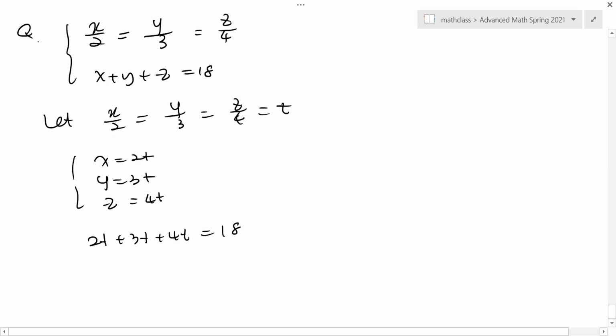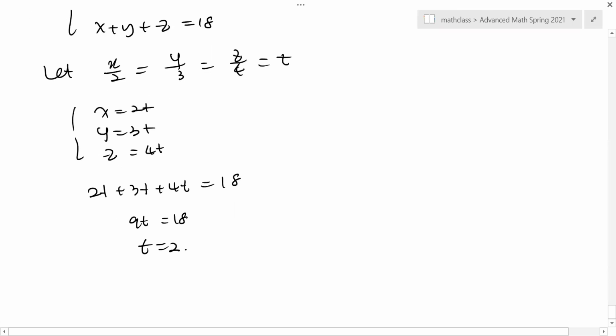From here you get 9t equals 18, t equals 2. Once you get the value of t, you can get the x, y, and z values. So x equals 4, y equals 6, z equals 8.